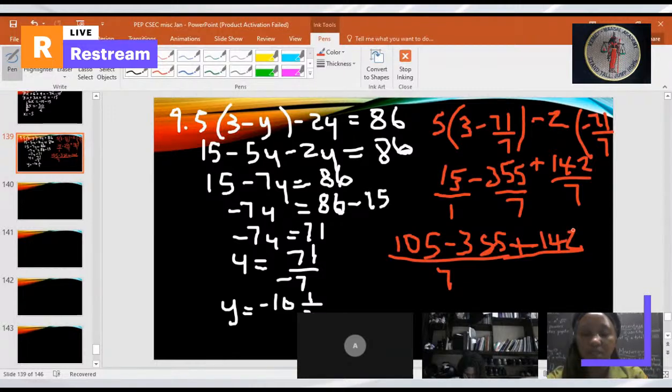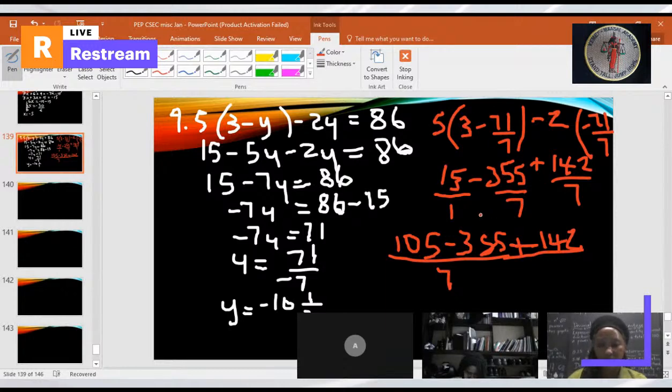All right, so we have 105 minus 355 plus 142. 2 ones 2, 2 sevens 14, 5 threes 15, 5 ones 5, 5 sevens 35.